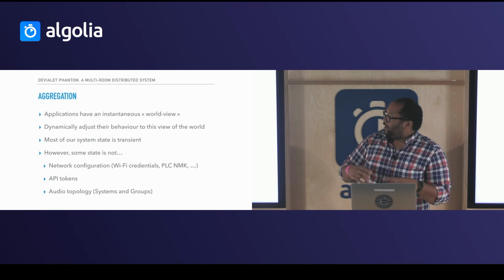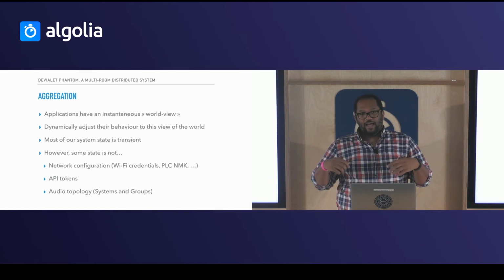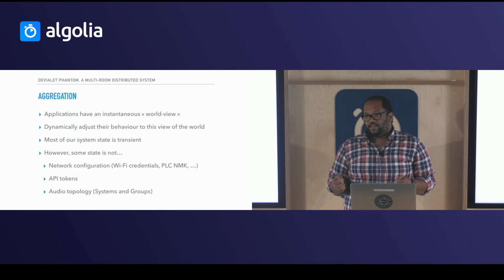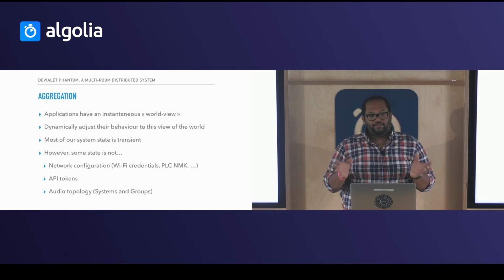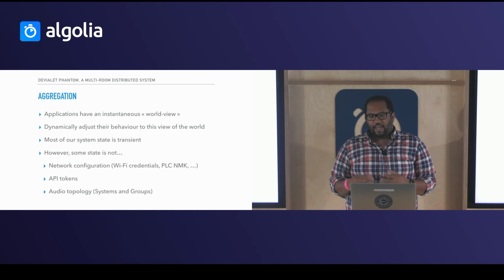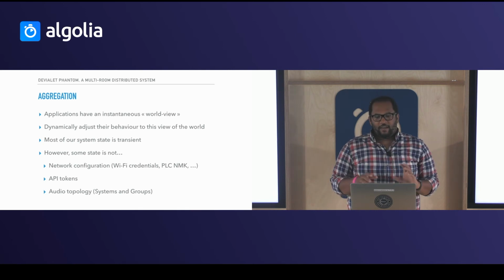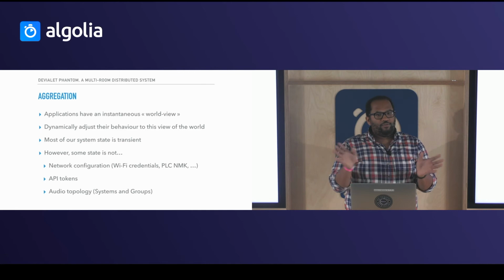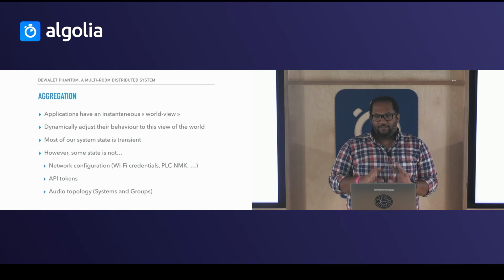And so the final part on our end is, how do you use those microservices, and how do you build your application on top of that? So our solution is to use aggregation. Any application running on any host, whether it's your phone or an actual device, is going to have an instantaneous view of what the world around it is. And it has to make the best of it.